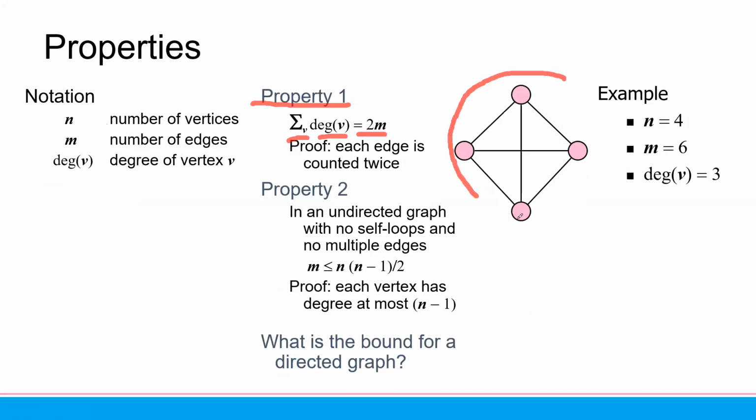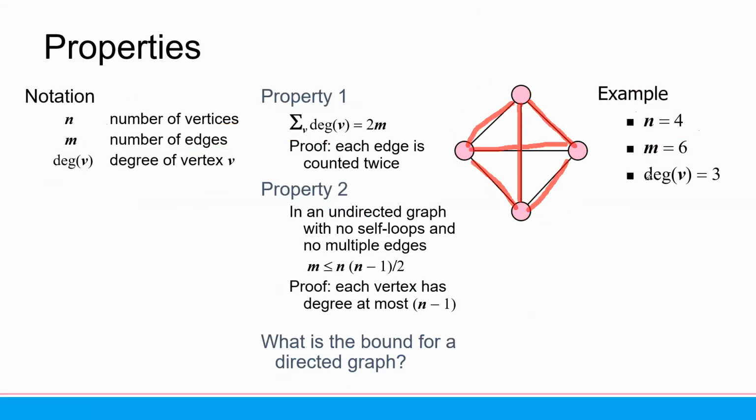So in this case, if we have this graph, we have n equals 4: 1, 2, 3, 4. The n is the number of vertices. What is m? M is the number of edges. Then we can count: 1, 2, 3, 4, 5, 6.